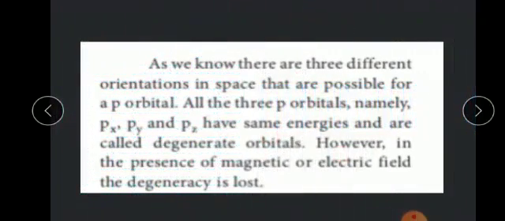Now we are going to see the different orientations possible in space for p orbitals. In multi-electron atoms, the three p orbitals, px, py, pz, have the same energies and are called degenerate orbitals. The p shell may have 6 electrons.